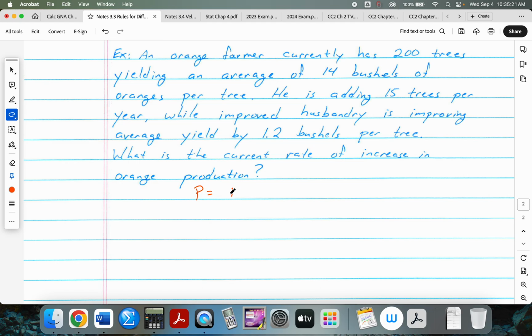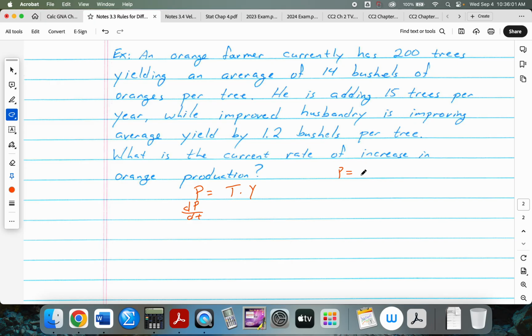So I'm going to say that this is T times, we'll call it, yield. So the change, dP dt, the little t is for time. I guess I should define my variables over here.